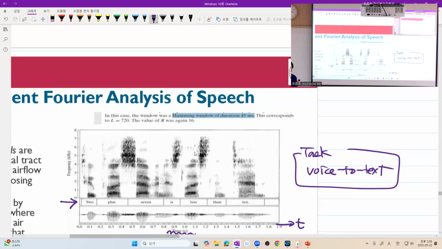The first one was, okay, in the time domain, can we just find out from this waveform what this means, and what this means? Can you see this means 2 and this means plus? Probably not.